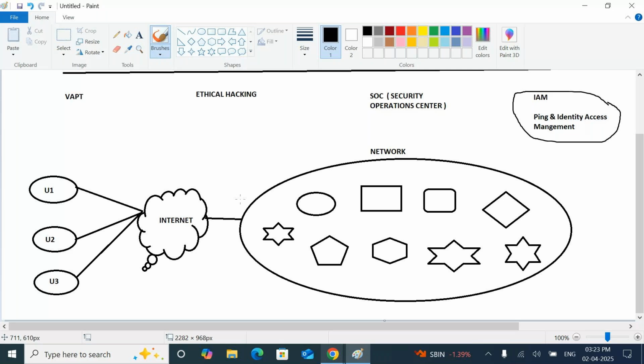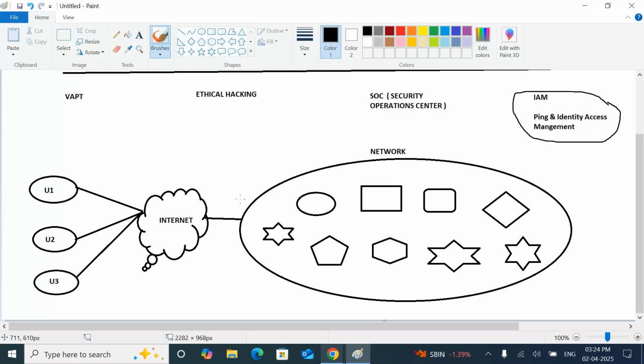Apart from the VAPT people, ethical hackers have more knowledge to defend against attacks coming from different unauthorized people. The other responsibility of the ethical hacker is to educate the employees and people related to that network about new attacks, new vulnerabilities, new signatures, and new patterns. That's why some people teach the course as a combination of VAPT and ethical hacking.